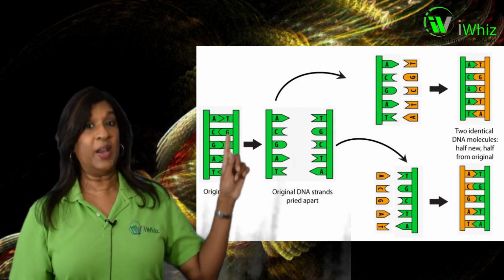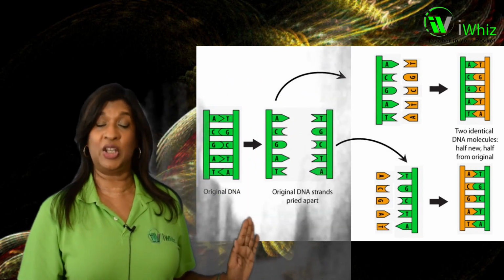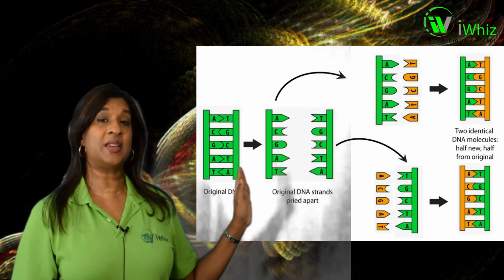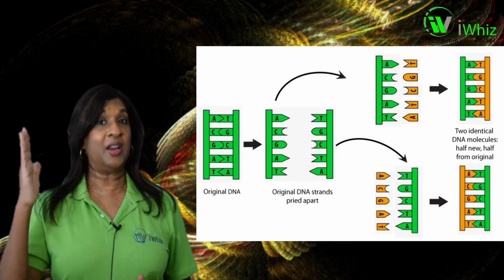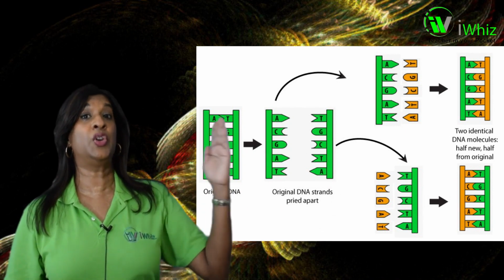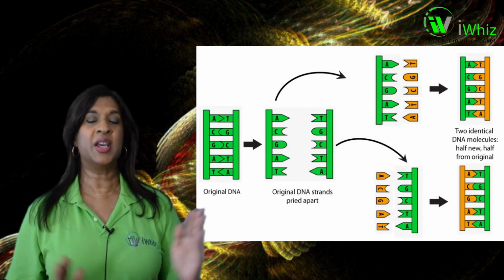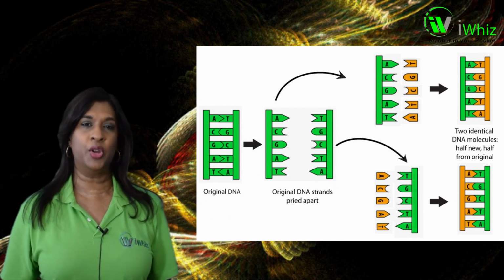So you can see that quite clearly in the last step. You notice there are two templates in green, and then notice that there are two strands in orange. So the green are the old original strands, and the ones in orange are the new strands that are formed. And now they will be bonded together by your weak hydrogen bonds.